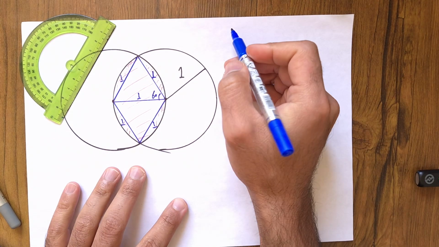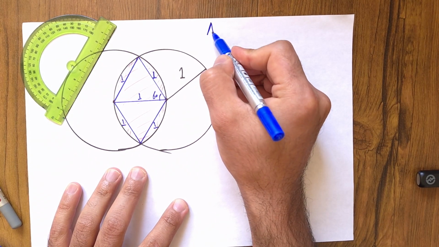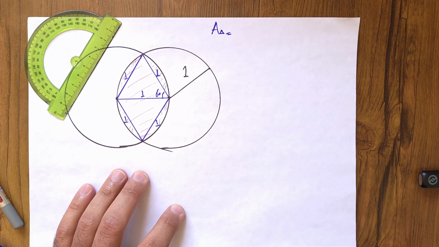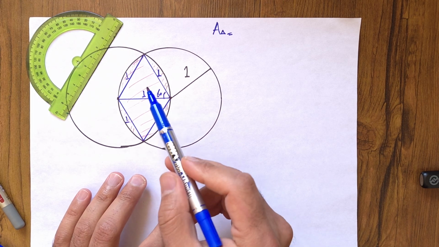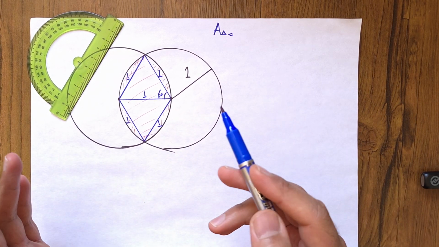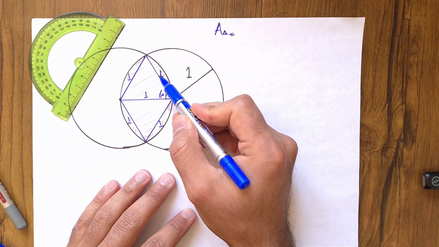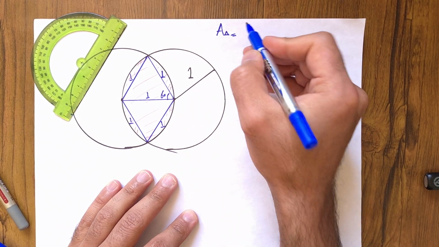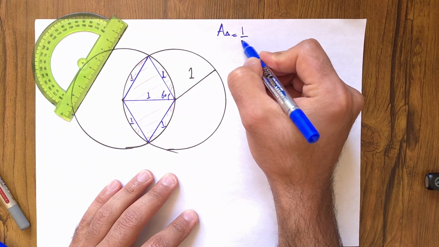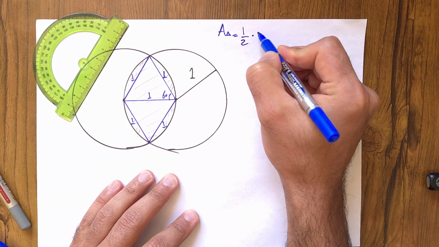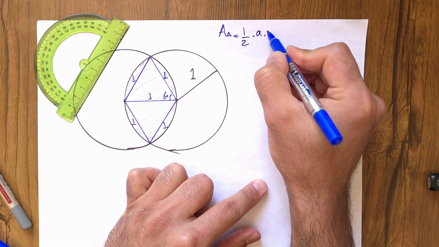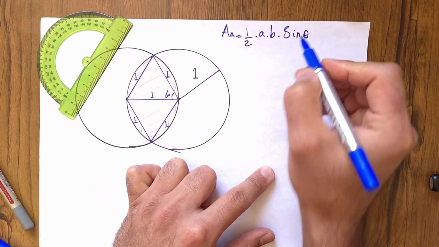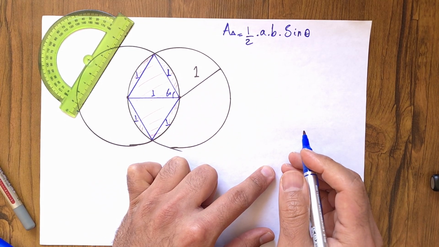So let's calculate the area of one of these triangles. You can use any formula that you like. You could use, for example, Heron's formula, or you can say we have two sides of this triangle and the angle in between. So the area of this triangle equals 1/2 AB sine theta, where theta is the angle between these two sides.